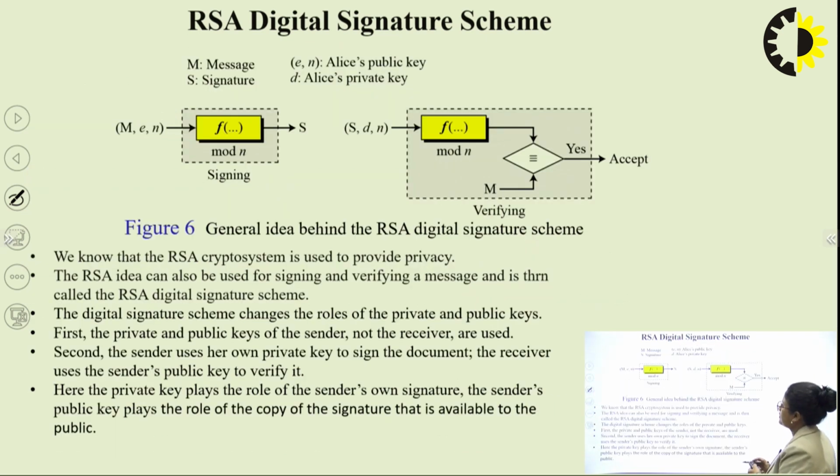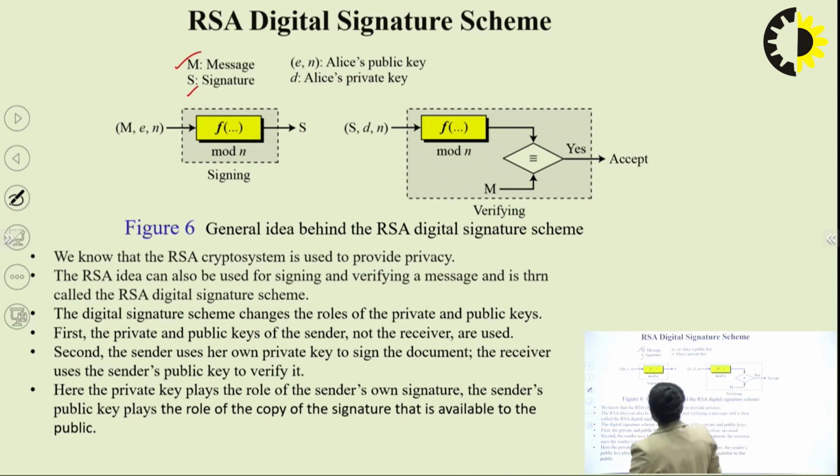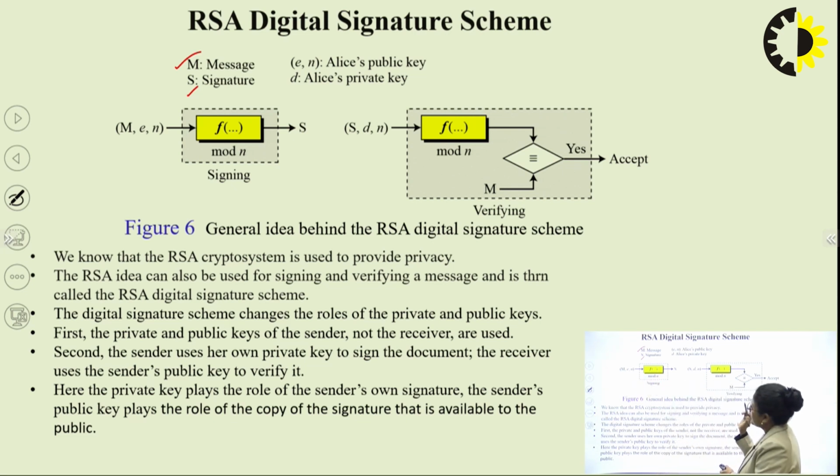Now, let me just explain the concept of RSA. We have the message M, we have the signature S. RSA uses a function F. What does the function do? It works on M, E, and N to deliver the signature, and that is for the signing part.